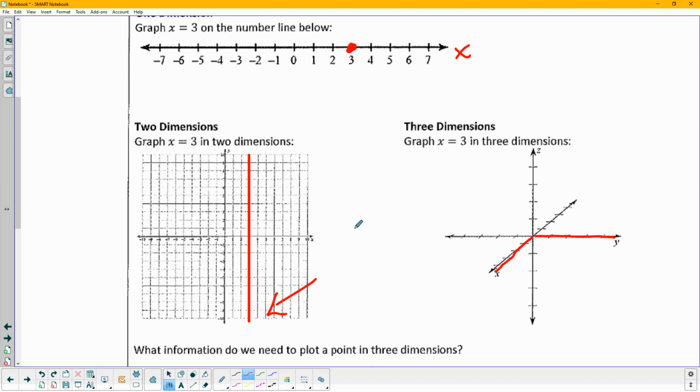So looking at how we would graph this, remember I'm looking at the idea of x equals 3. So let's look at how we might graph that. So here's 1, here's 2, here's 3. I'm just going to try to be as flat as possible here. If I'm just looking at the xy plane, all I did was regraph this.